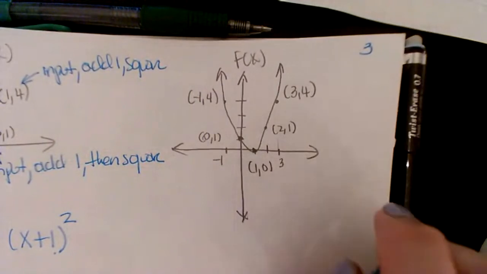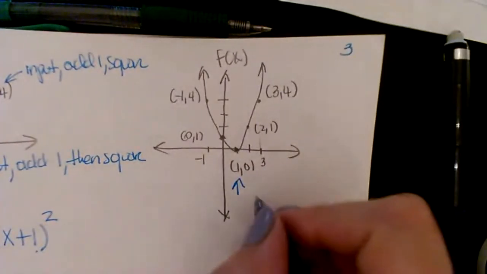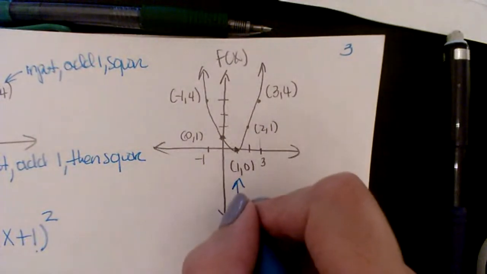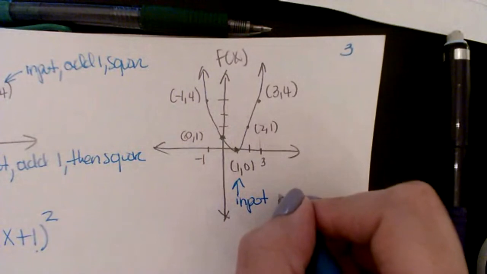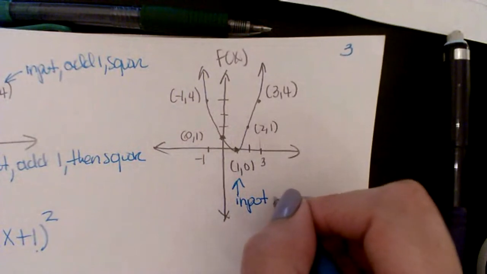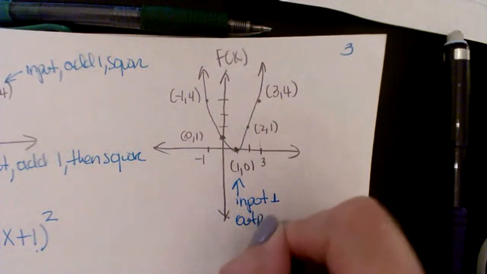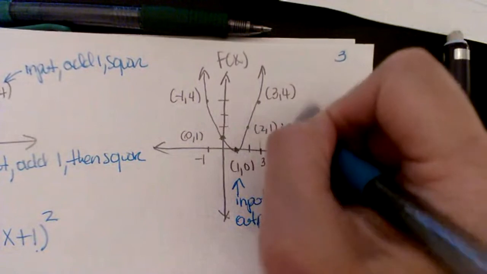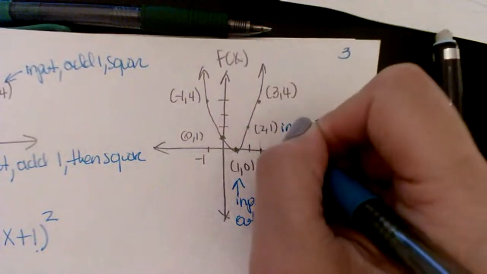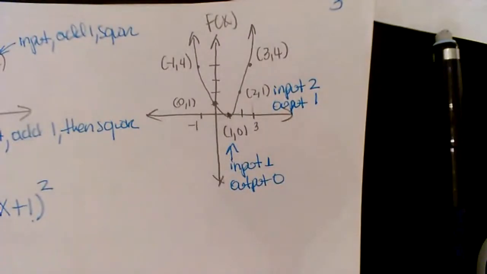So it's going to be the input is 1 and the output is 0. Right here, the input is 2 and the output is 1. So what do we do there?